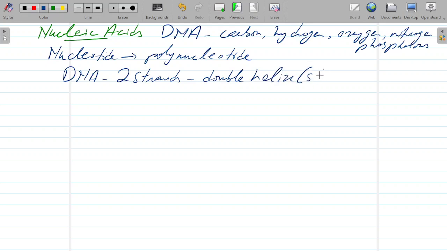So its shape is sort of like a spiral, right? So that's one strand, and that's the other strand. It's not obviously very well drawn, but something like that.